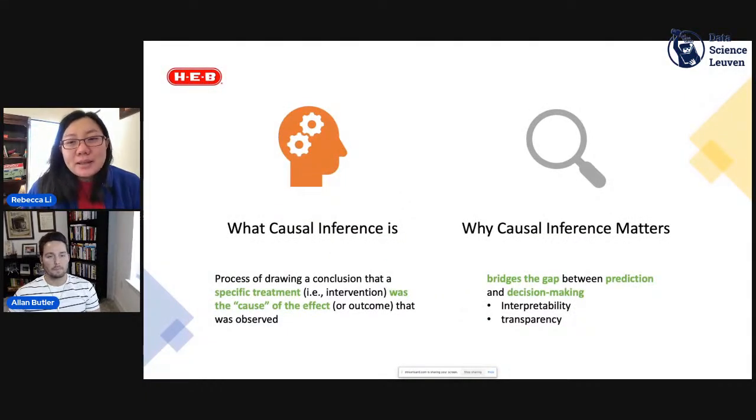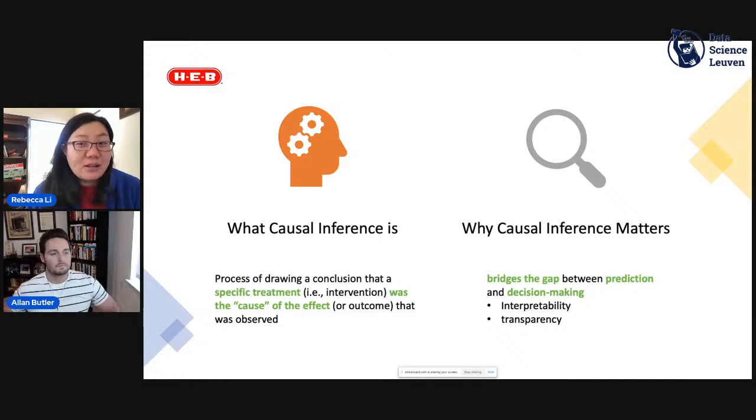Before jumping to the methods and application, I would like to walk through the what and why of causal inference first. Causal inference, also called causal analysis, aims at studying the cause and effect relationship of treatment and outcome. Specifically, it is a process of drawing a conclusion that a treatment was the cause of an outcome. The reason causal inference matters a lot is that it bridges the gap between prediction and decision making.